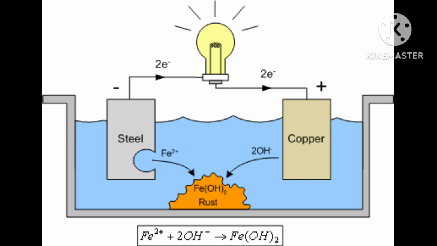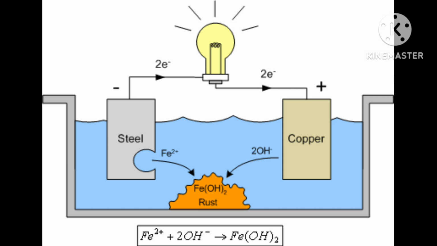At a particular spot of an object made up of iron, oxidation takes place and the spot behaves as anode. Here in the corrosion process, tiny cells, many small cells will be formed.